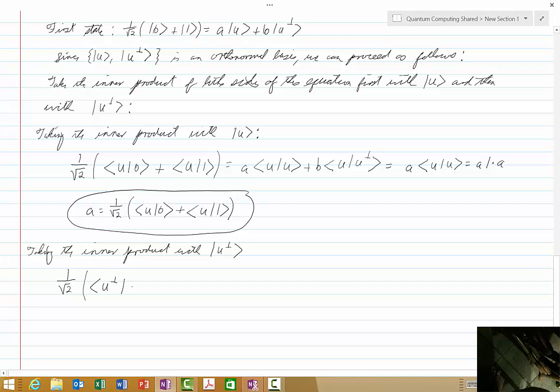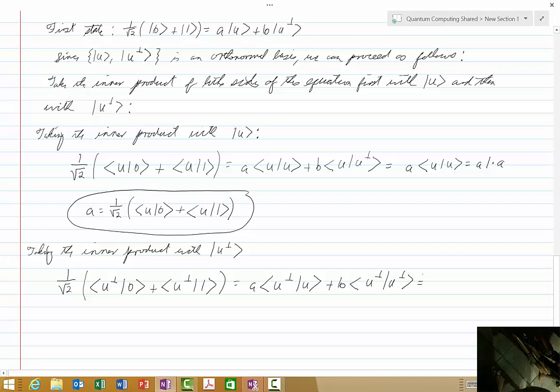Inner product of u orthogonal with 0 plus the inner product of u orthogonal with 1, and that is equal to a times the inner product of u orthogonal with u plus b times the inner product of u orthogonal with u orthogonal.